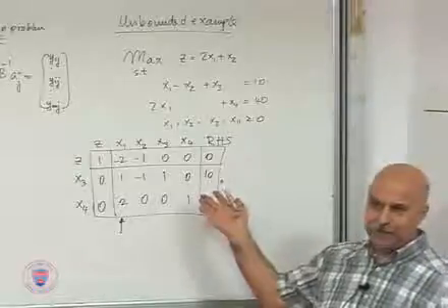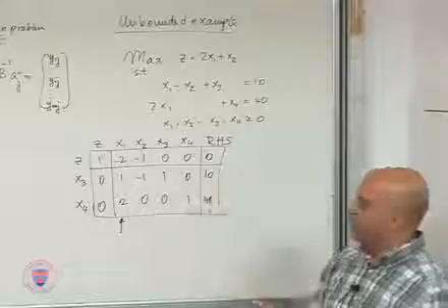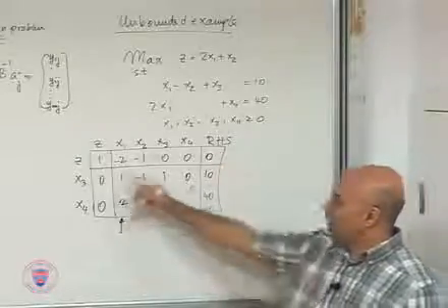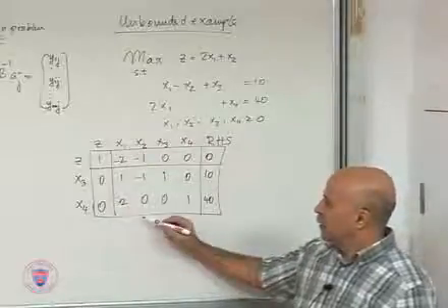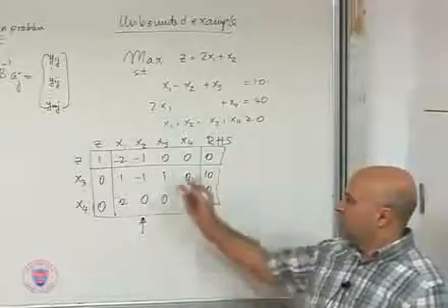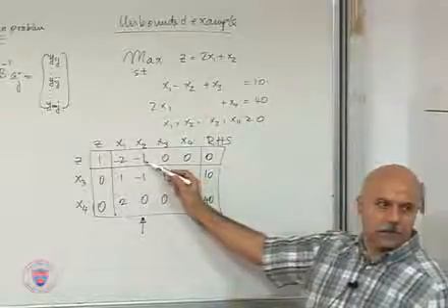Well, I know that it's unbounded. This problem is unbounded because by construction, that's what I did. So rather than choosing that one, let's choose that one. Okay? That has a negative number here, reduced cost.